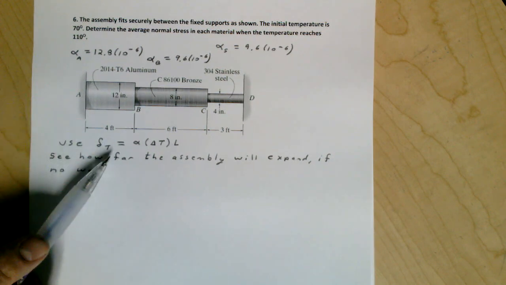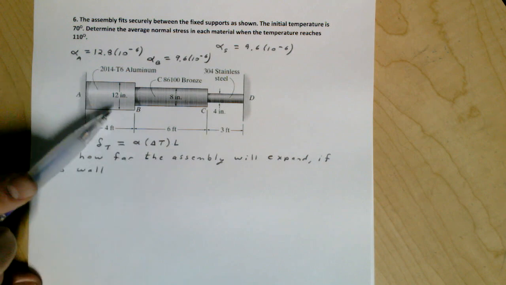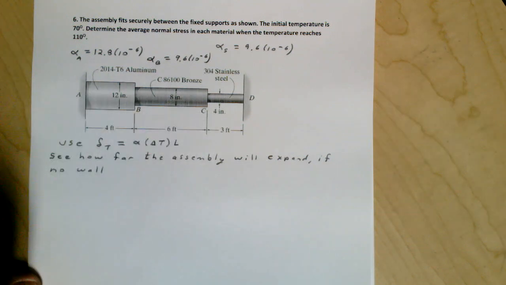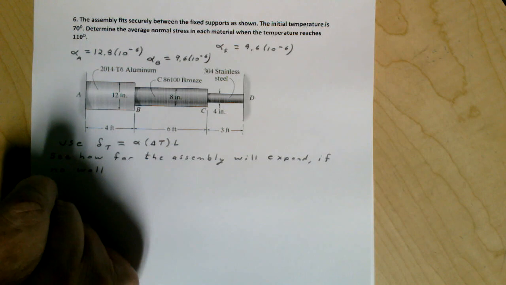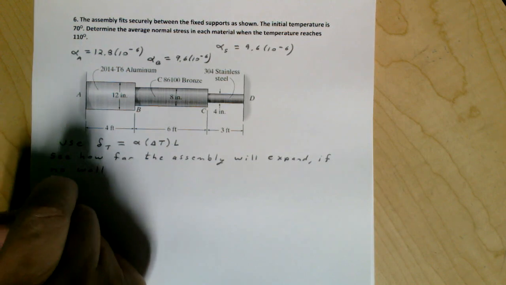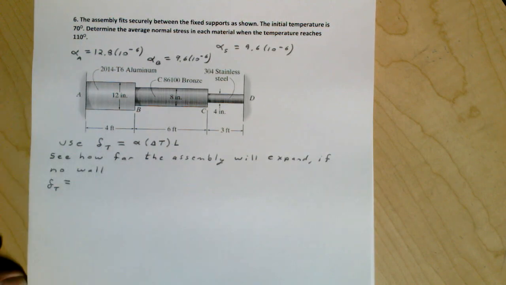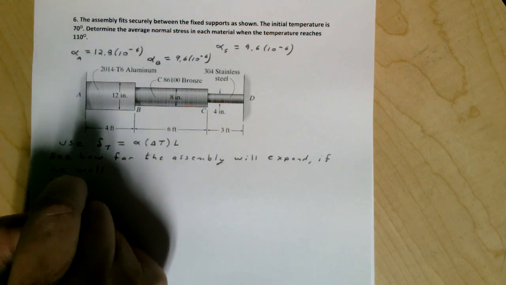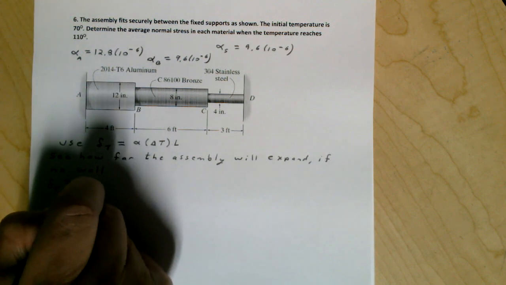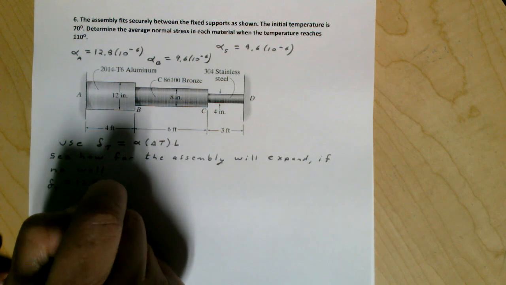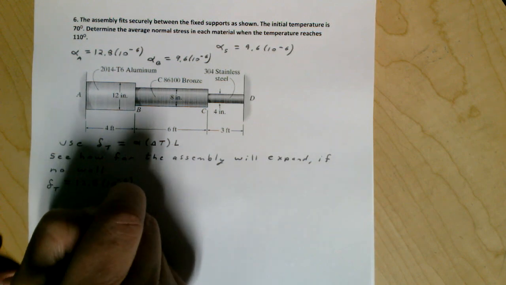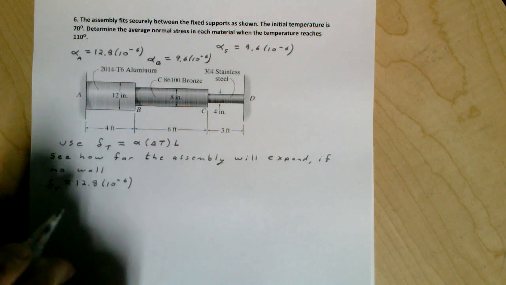So we'll apply this delta T here to each of these parts and add them together. Delta T is going to be equal to 12.8 times 10 to the minus 6. That's going to be our alpha.